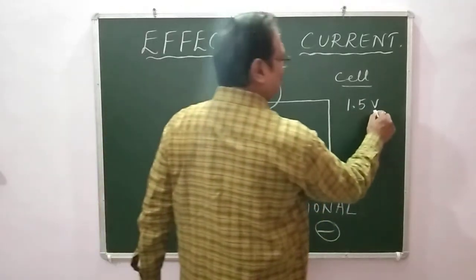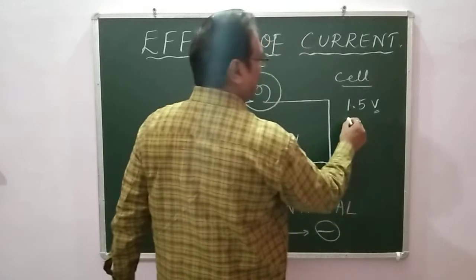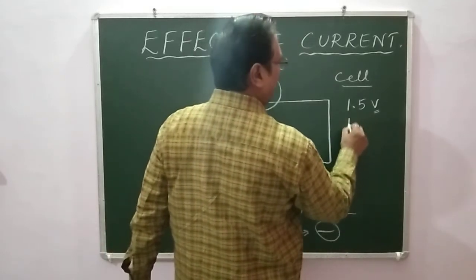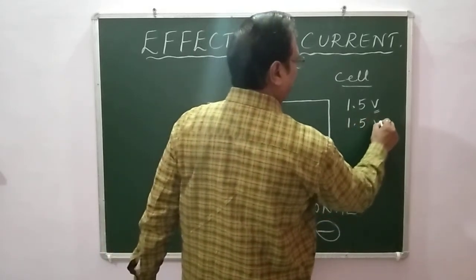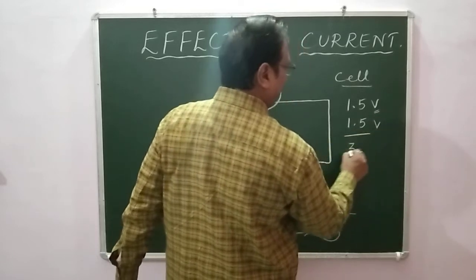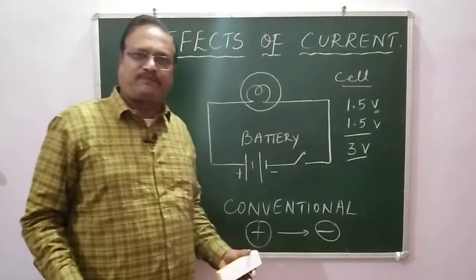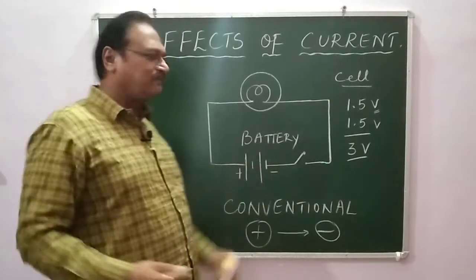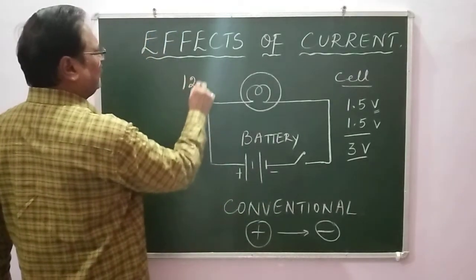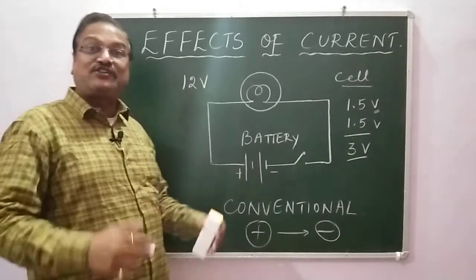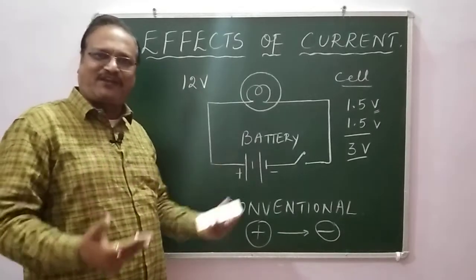Volt is also one of the units. If I have two cells, 1.5 plus 1.5, it will become 3 volt. You will have more energy. And a car battery is something like a 12 volt battery, which means it can produce more and more energy.